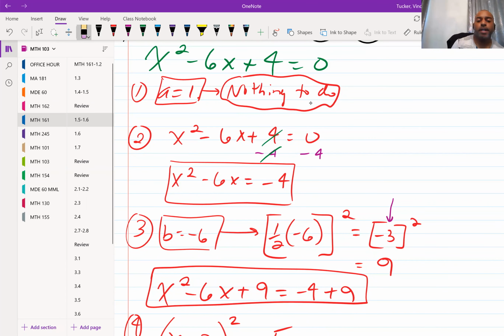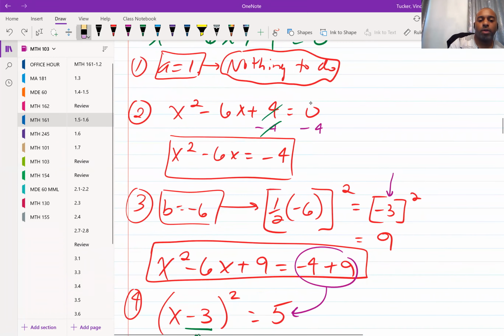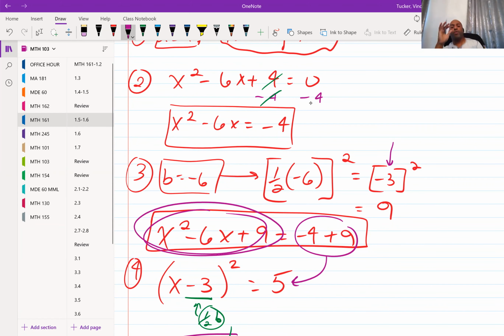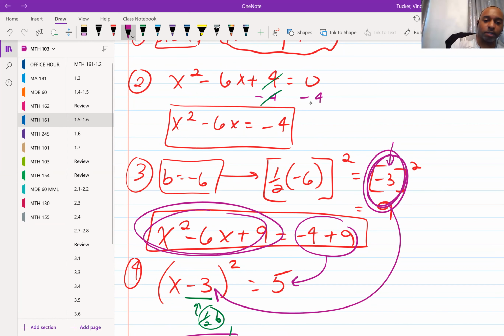All right. After that, step 4, we are going to factor this trinomial over here. Now, if you don't know how to factor, like in the next one, we'll have a fraction, or your factoring skills are not as great as you would like, whatever half your b term is what goes here.